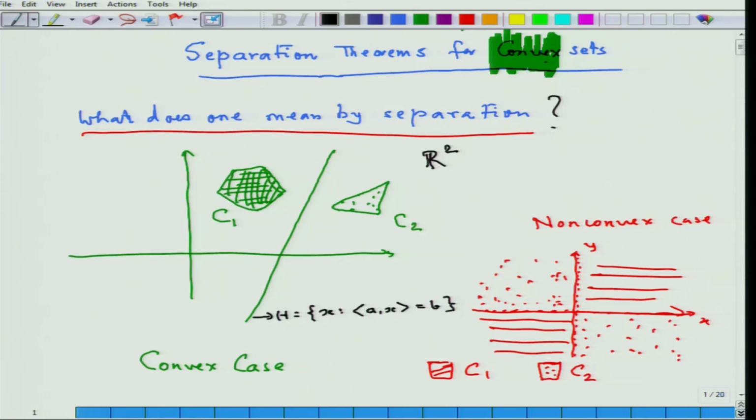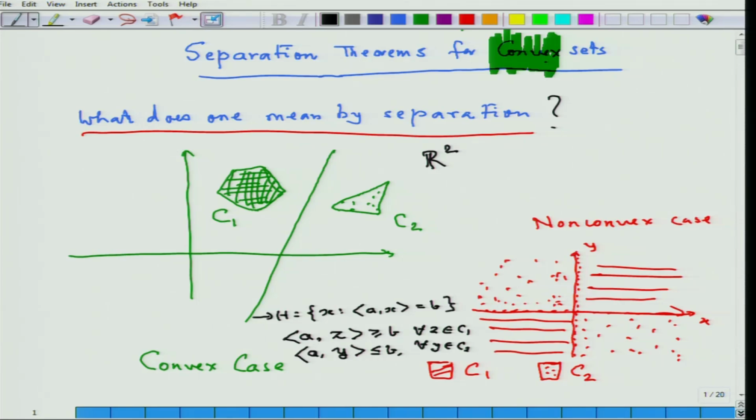Then A of z, where z belongs to C1, is greater than or equal to B for all z in C1, and A of y is less than or equal to B for all y in C2, which is in the lower half space. So, that is exactly the meaning of separation, that the whole set C1 is contained in the upper half space, and the whole set C2 is contained in the lower half space.